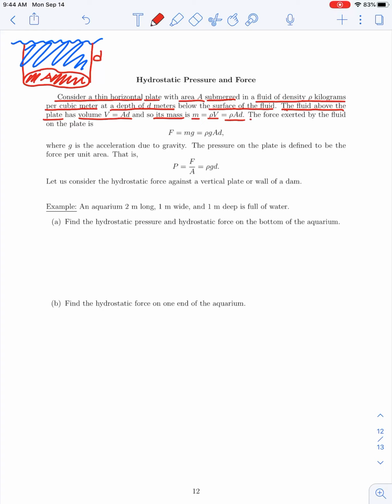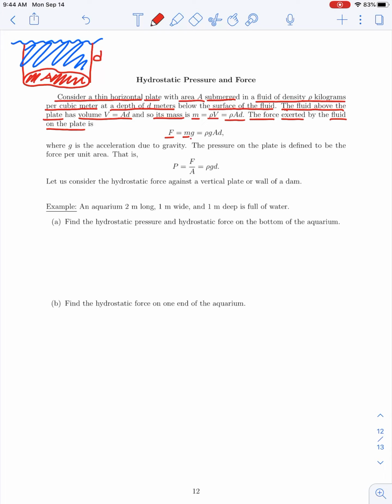So the force which is being exerted by this fluid on that plate is given by capital F, and it's found by taking mass times acceleration. So the mass of the cylinder of fluid which lies above the plate is what we were calling m, which was rho times A, the area, times d, depth.